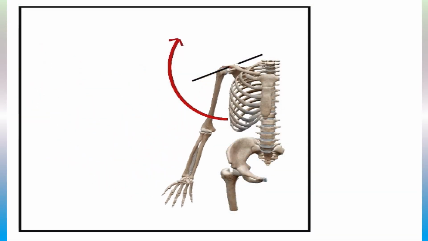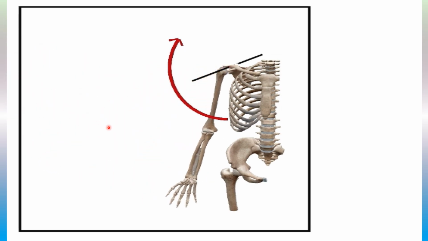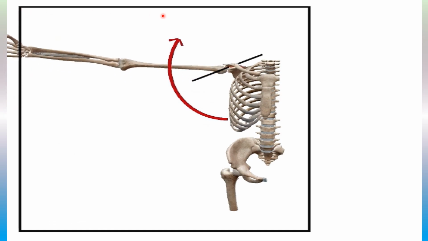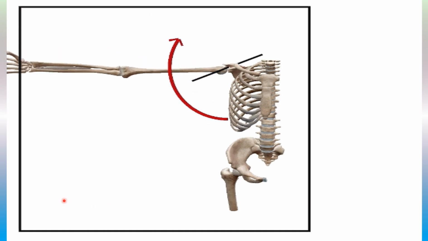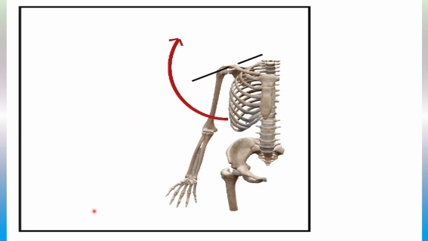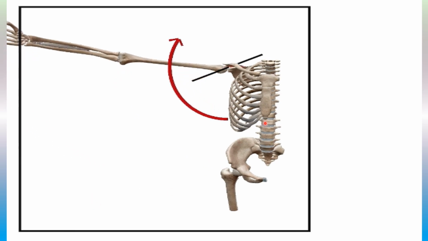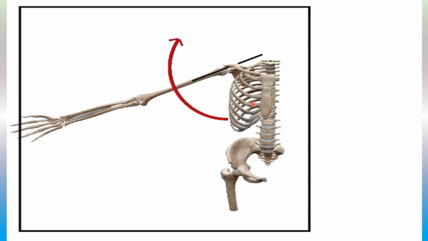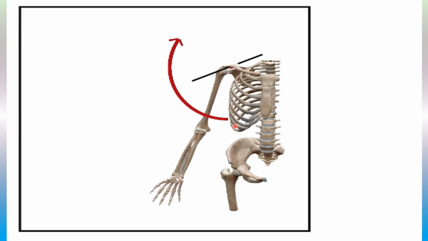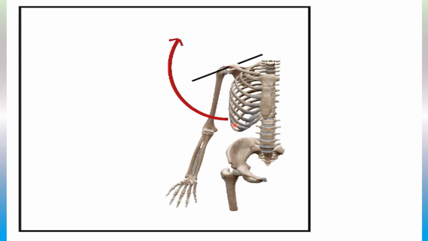Here's another presentation of z-axis. However, in this case, we have shoulder abduction. Again, our frontal plane here is represented by the black surrounding box, dividing our body into front and back. We concluded movement happens parallel to the plane, and so thus shoulder abduction, moving away from the midline, is happening in the same plane as the box or the frontal plane.